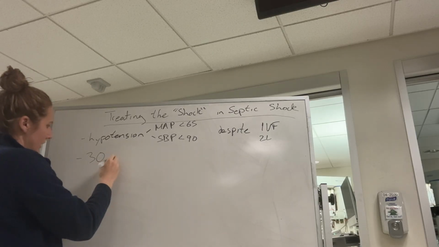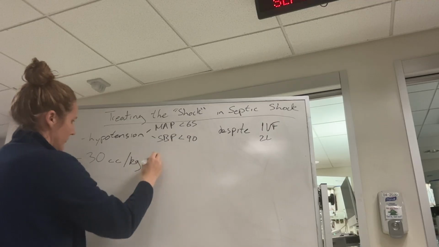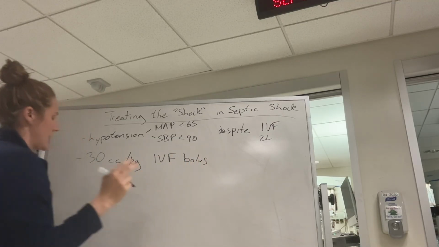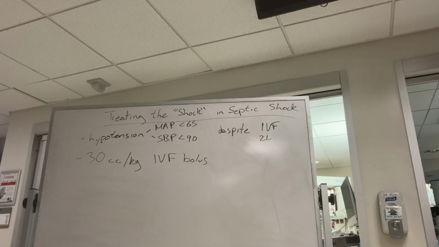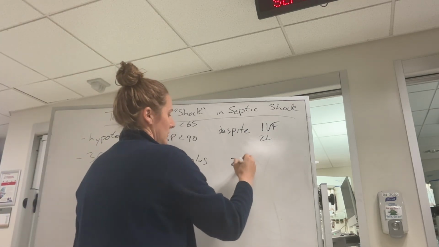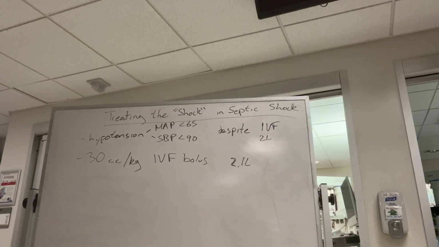So we'll say 30 cc's per kilogram IV fluid bolus, which, for our average patient of about 70 kilos, is about 2.1 liters, so about 2 liters. But again, it really depends on your patient. If your patient's 100 kilos, then they should be getting 3 liters.